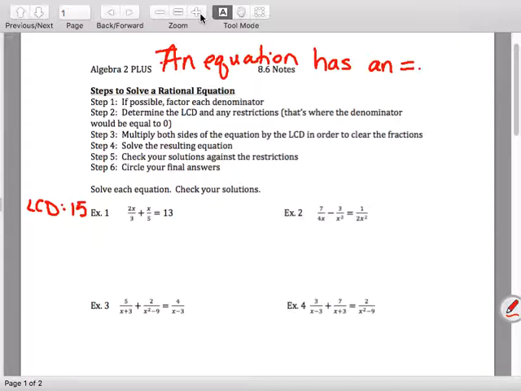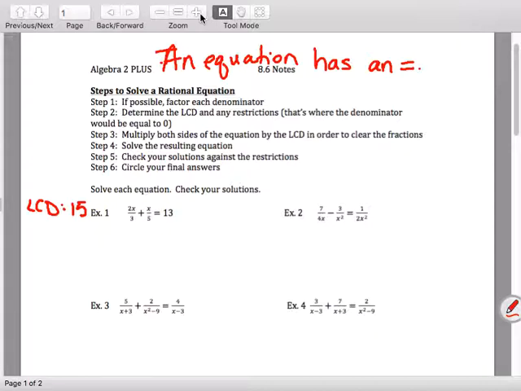Let's go back. What is a restriction? A restriction is that's where the denominator would be 0. How can you make 3 become 0? There's no x in the bottom, so you can't put 0 down in the bottom, right? It's a 3. You can't put anything in it other than the 5 down in the bottom. So no matter what I'm plugging in for x, that's not going to change those two denominators. Why not?